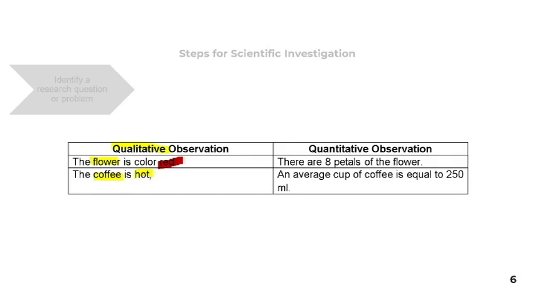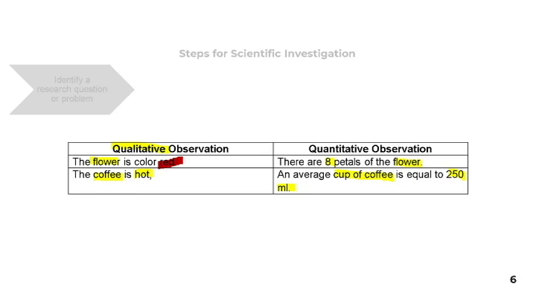Now, let's take a look at the quantitative observation next. There are 8 petals of the flower. An average cup of coffee is equal to 250 milliliters. From that, I think you can actually formulate the differences between these 2 kinds of observation.